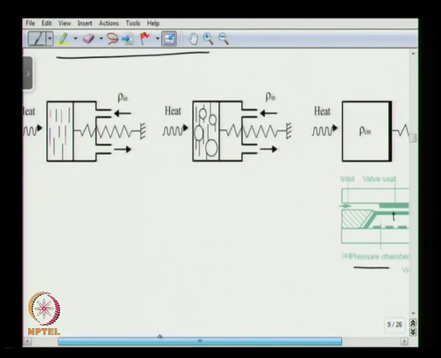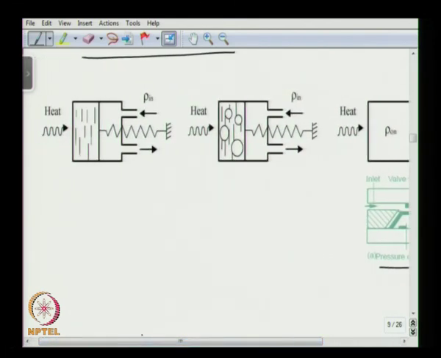So, the principle is shown here. Let us say this is the inlet and this is the outlet. So, typically we have a liquid present inside the chamber here, and as heat is supplied, initially there is no phase change. So, this material is still in the liquid phase. Here the volume expansion would be because of the heating, because of the thermal expansion coefficient of the liquid.